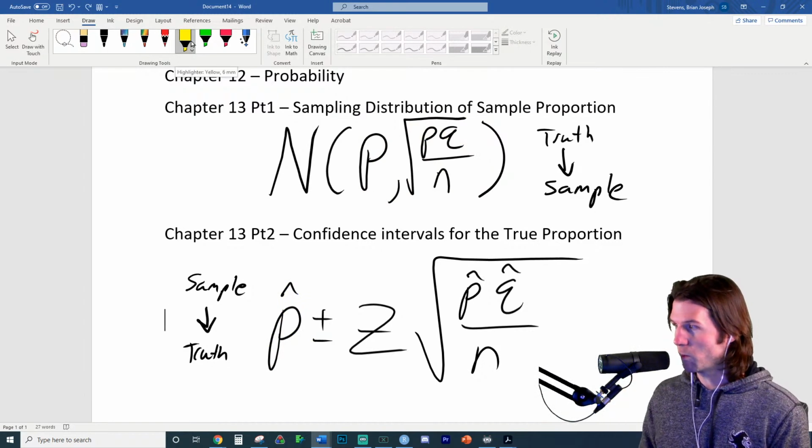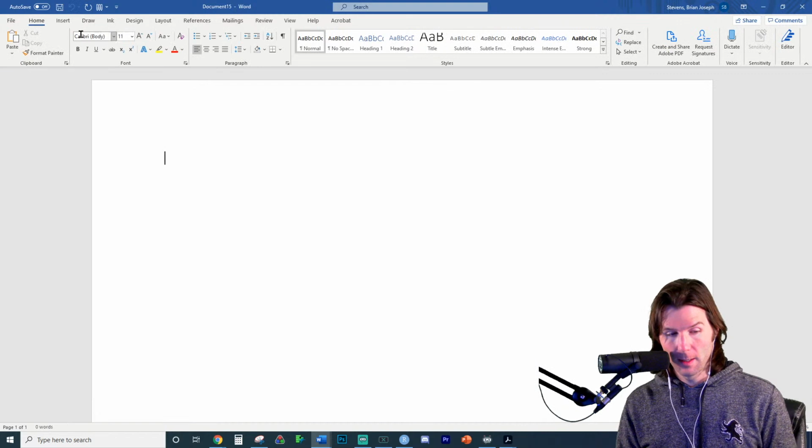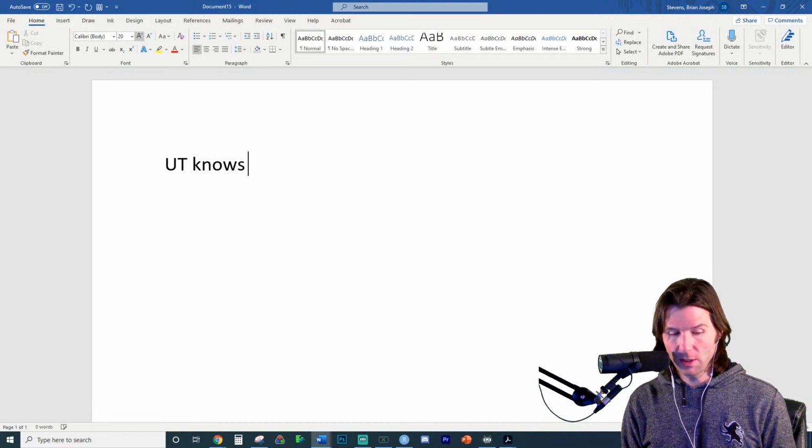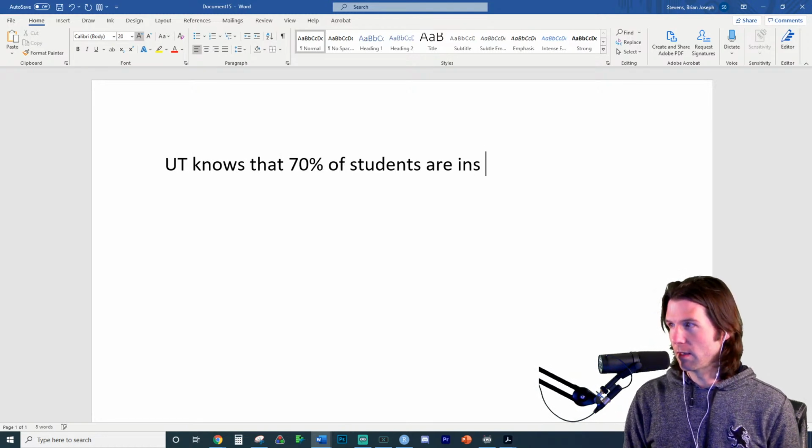In chapter 13, part 1, here we'll do a chapter 13, part 1 problem. It would say UT knows that 70% of students are in-state students.